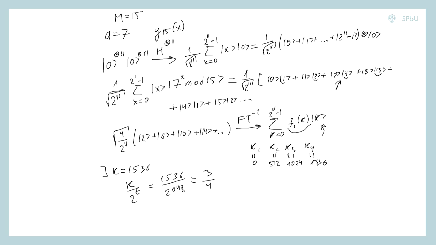And taking into account that k equals nu times n divided by r, we can find that k over n, which equals k over 2 to the power of t, equals nu over r.